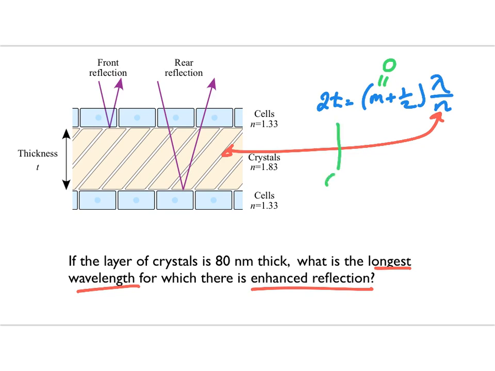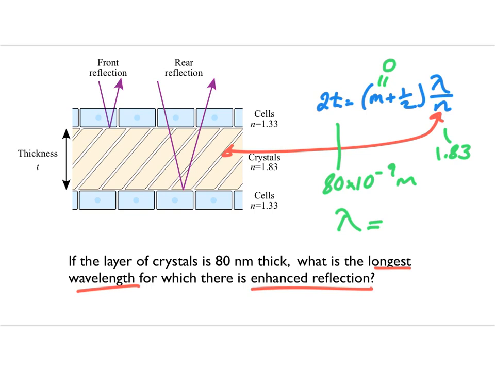That's 80 nanometers, so 80 times 10 to the minus 9th meters. And n is the index of refraction of the crystals. That's 1.83. I'm taking m equal to 0. I have everything I need to solve for lambda.